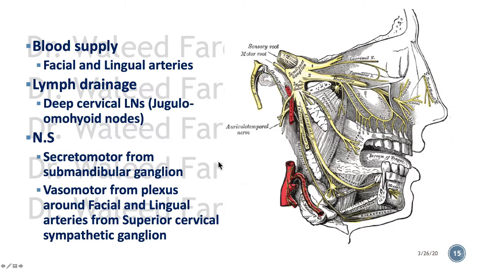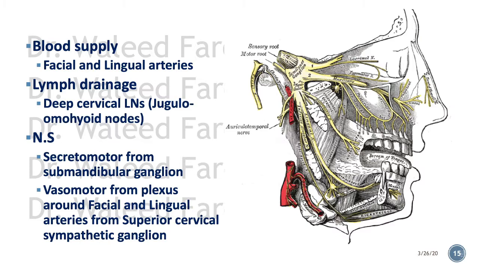Okay, the blood supply of the gland, what do you expect? It comes mainly, of course, from the facial artery, which has direct relation to the gland, and the lingual artery as well. Lymph drainage to the deep cervical lymph nodes, and nerve supply. Well, for glands, nerves come either directly or with the plexus around the vessels.